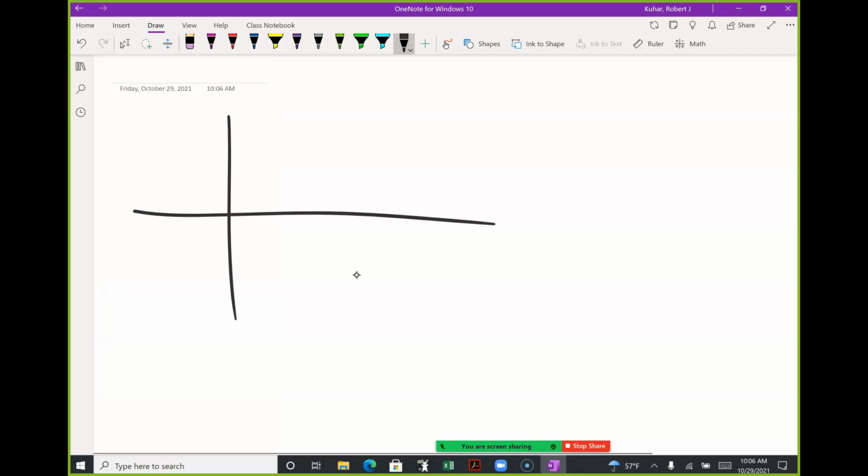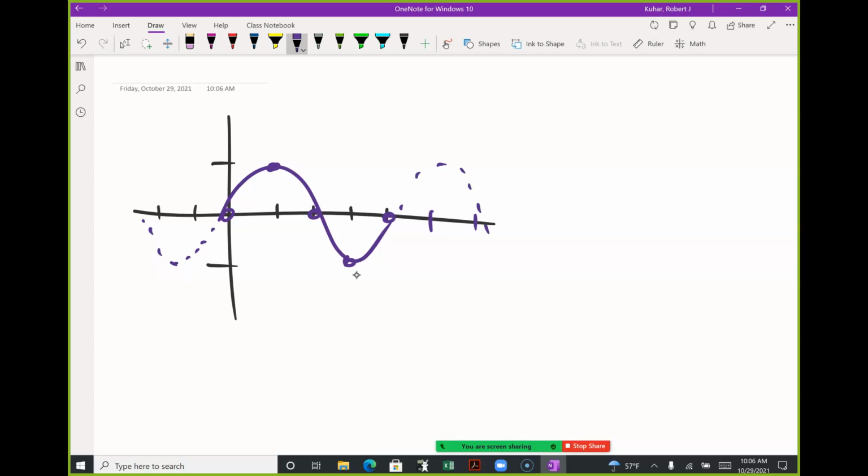So the sine curve, 1, 2, 3, 4. And I'm going to keep going a little bit, but I know my sine curve starts at 0, goes up, back down. So there's the sine curve. And then if I continue it, there's that sine curve.